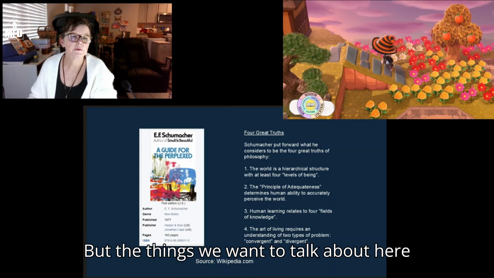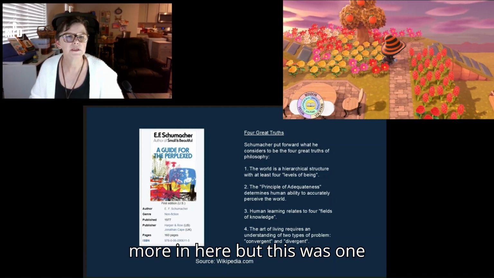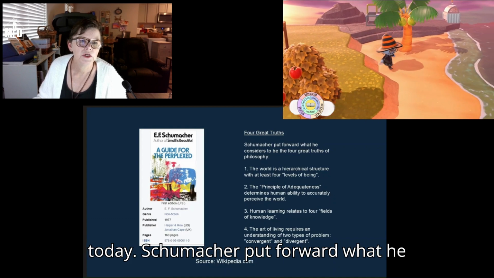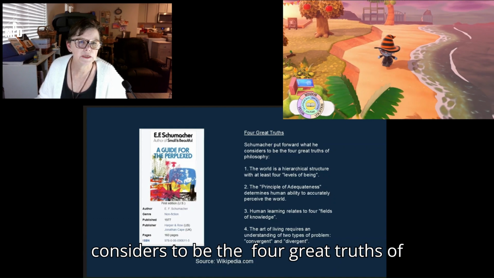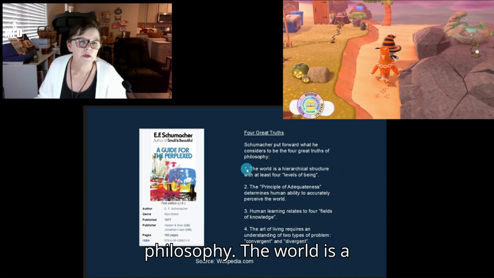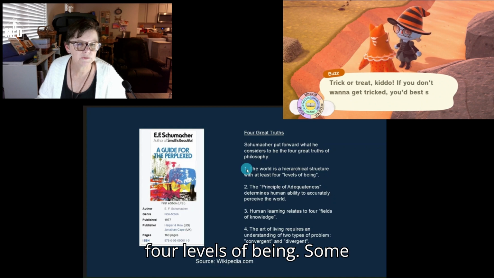But the things we want to talk about here are his four great truths. He's got a lot more in here, but this was one section that we're going to talk about today. Schumacher put forward what he considers to be the four great truths of philosophy. The world is a hierarchical structure with at least four levels of being.